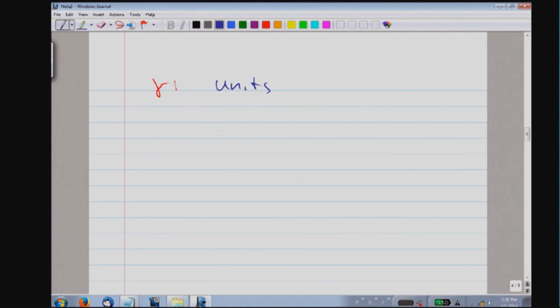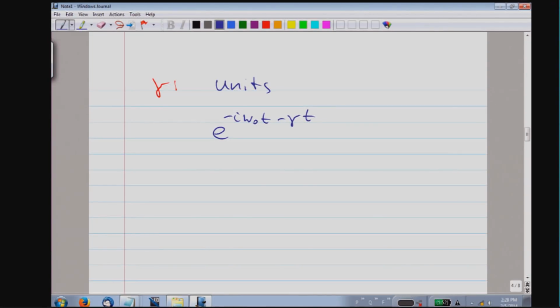Well, if you look at the exponential which decays, it has e to the minus i omega t, and then it has the imaginary part, gamma t. So gamma is really a temporal decay, and there is no question about frequency and angular frequency. It's not a frequency, it's not an angular frequency, it's a decay rate.